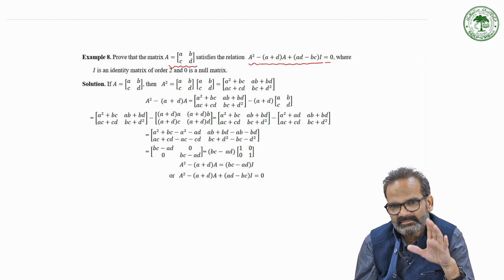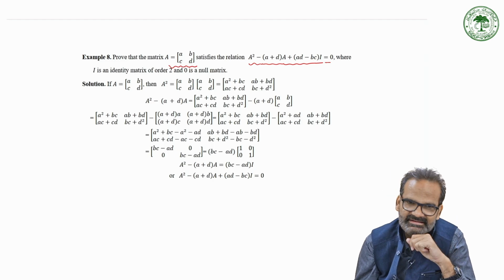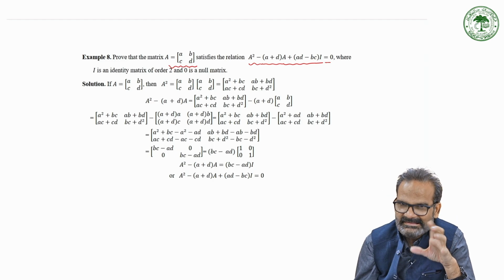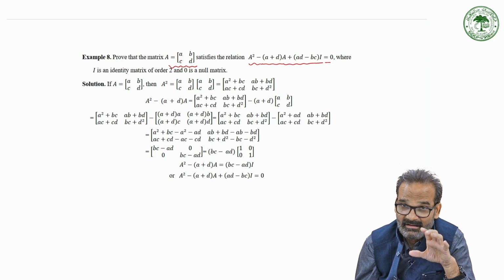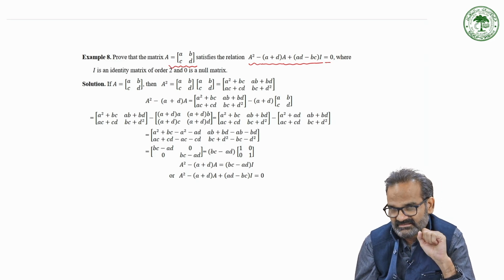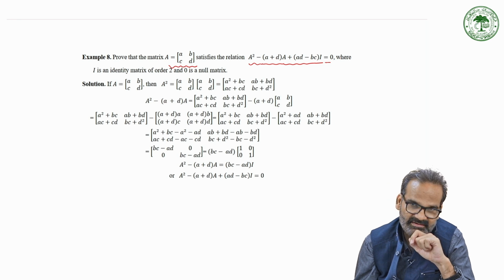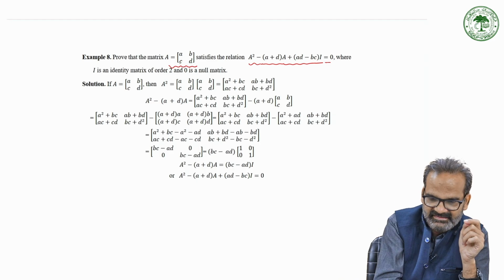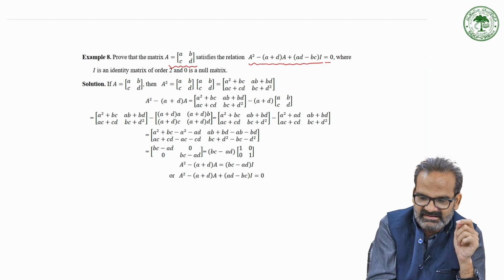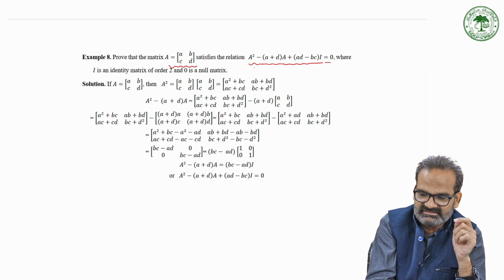I have told you the matrices behave like numbers. So in numbers we have many equations in variables x and y. So here in place of variables we are having matrices, so they are known as matrix equation. So 0 here will represent the role of a null matrix. It's not a number like 0, right?